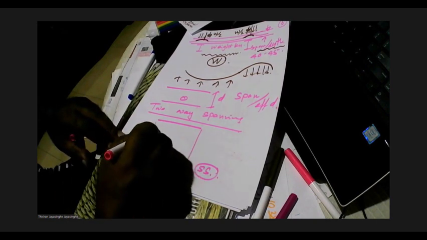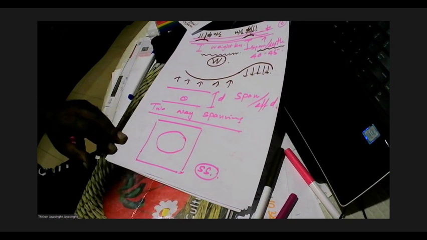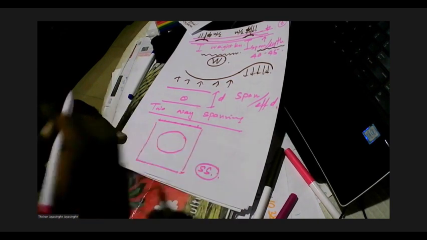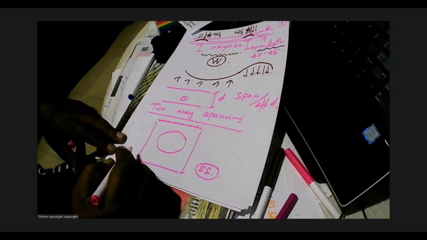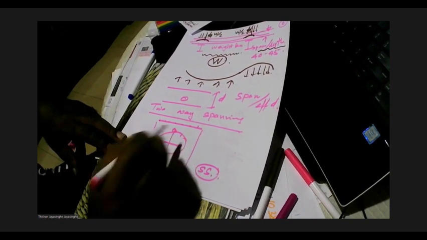So it's two-way spanning. Generally this part of the slab will be loaded more, because these are supported. So it will span this way, span this way.